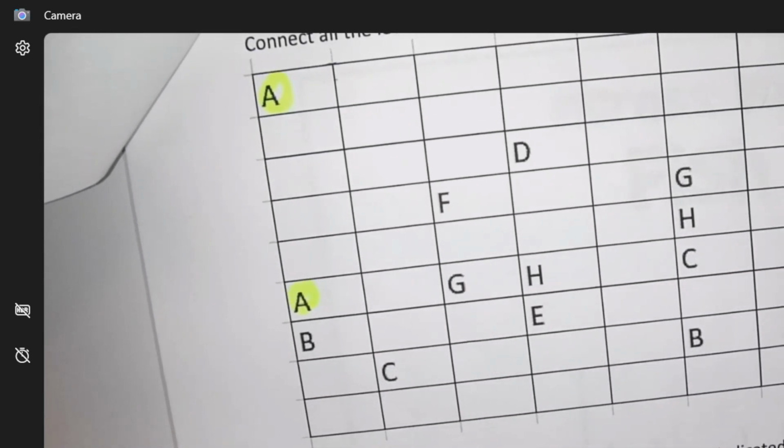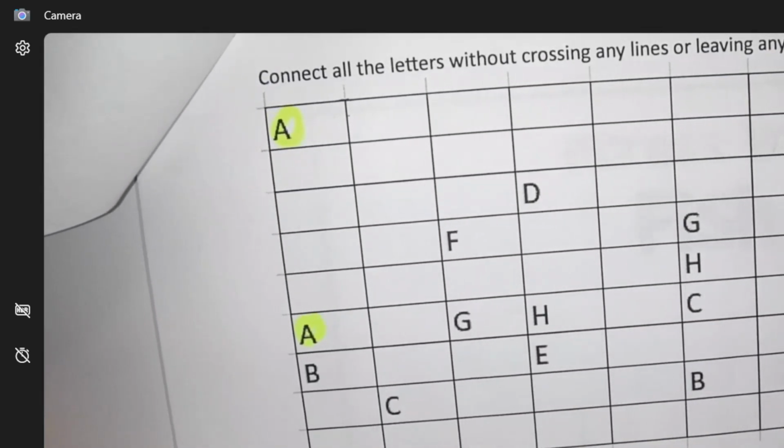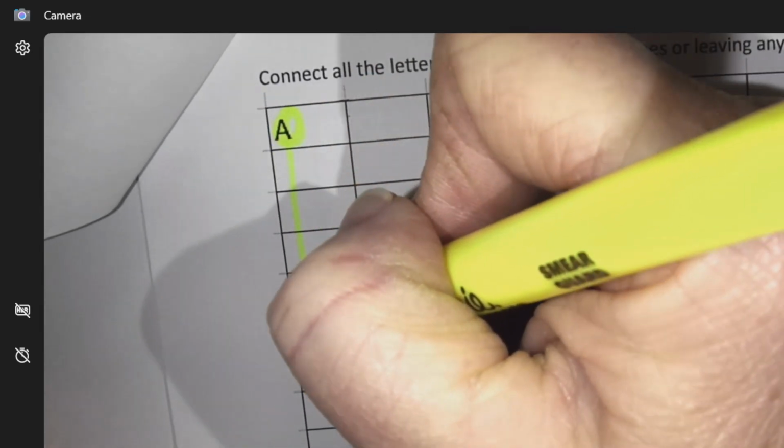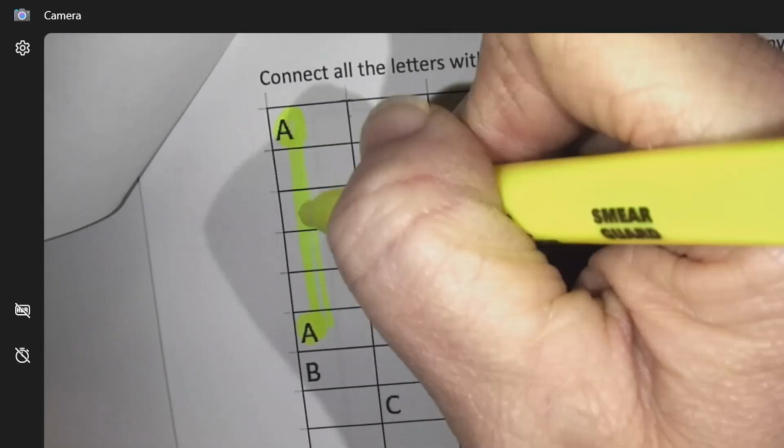Okay, I don't know. My strategies are usually like start on outward stuff, so I'm gonna do that.